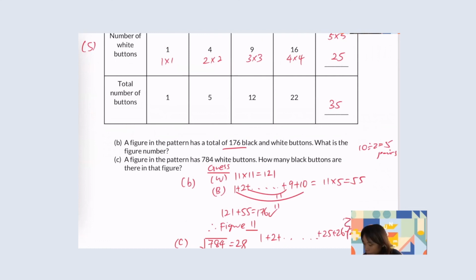So the odd one out is 27. You leave it out first, and then you pair the rest up. How many pairs do you have? 26 divided by 2 gives me 13 pairs. So 27 times 13 plus back your 27, because you cannot leave the odd one out. Final answer is 378.